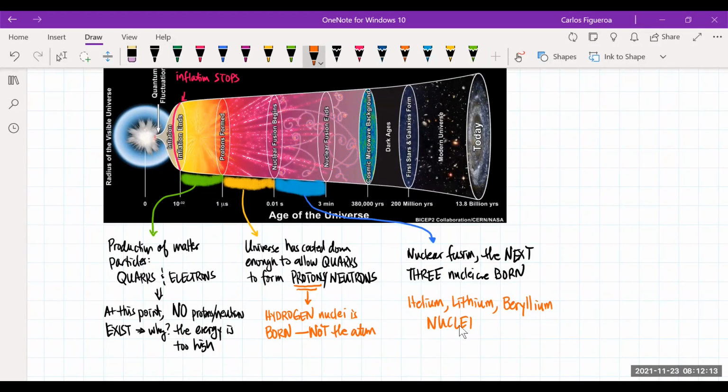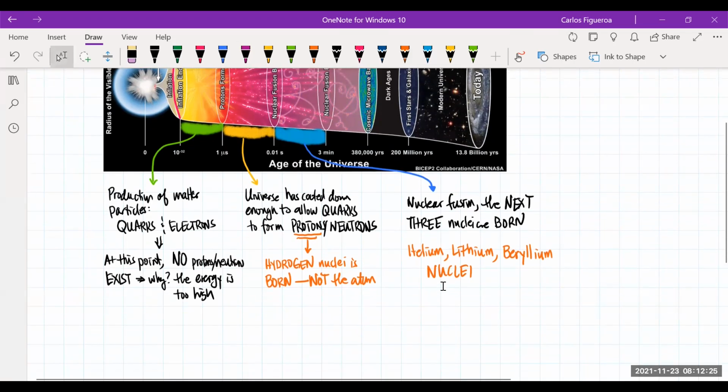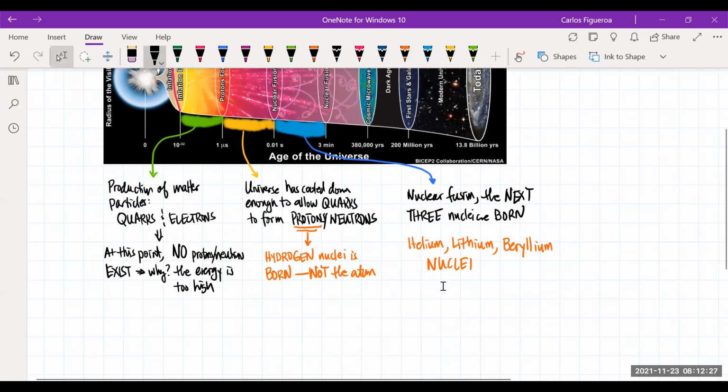And this is why the microwave background is so important. Now we get to the next stage. And what you're seeing here, which is really amazing, just think about what I just said.